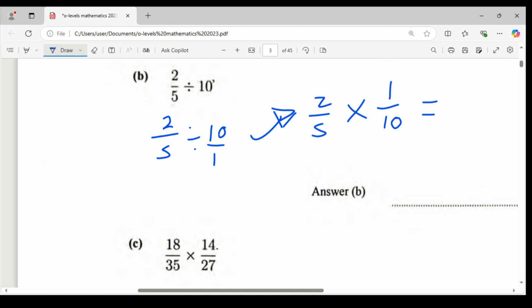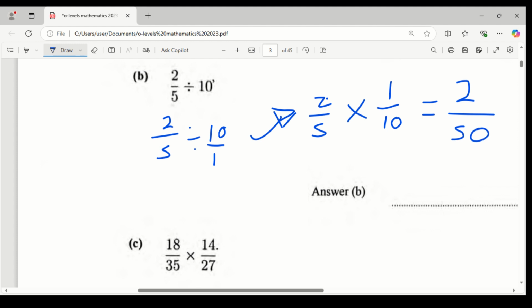And then the next thing that you're going to do is to multiply these numerators. So 2 multiplied by 1 is 2, and then 5 multiplied by 10 is 50.